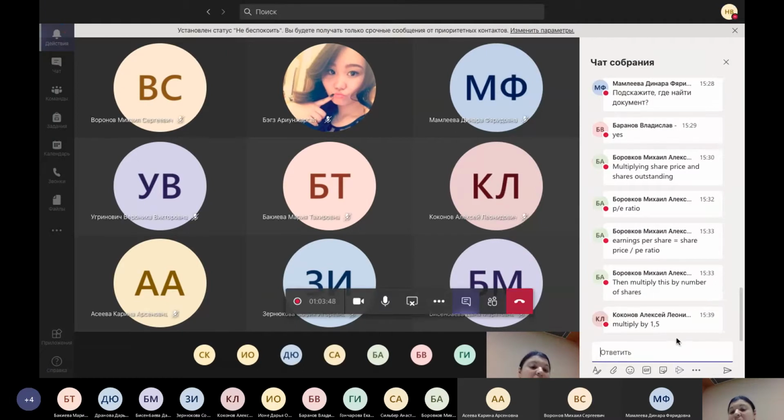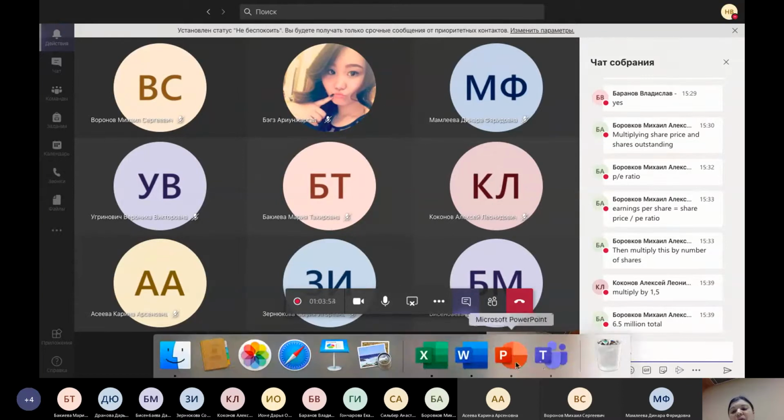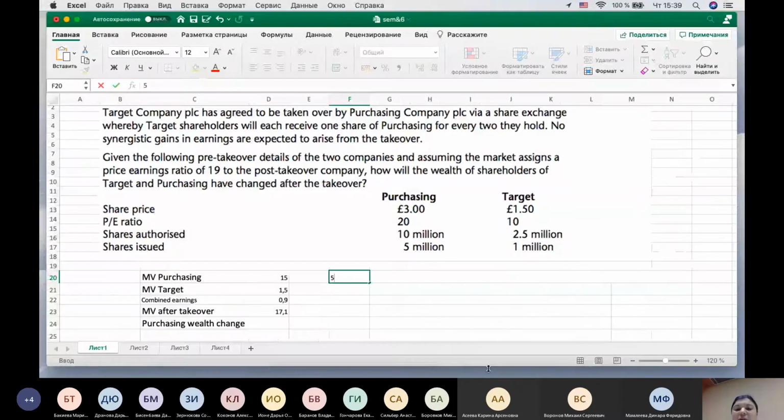Multiply 1.5 million total. Unfortunately, I can't agree with you. 1 million divided by 2, as there is 1 million of old shares of Target, and shareholders of Target will receive 1 new share of purchasing for 2 old shares of Target.